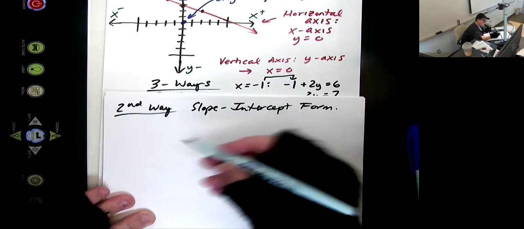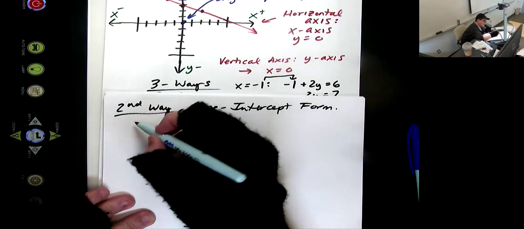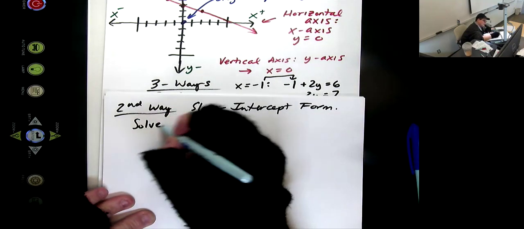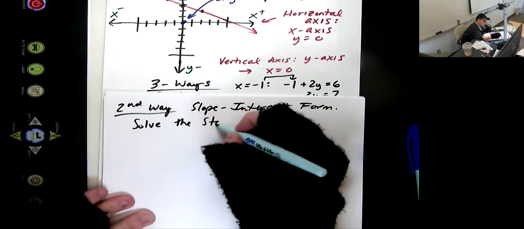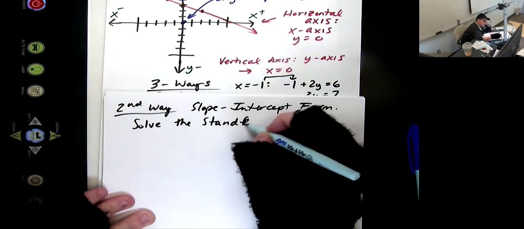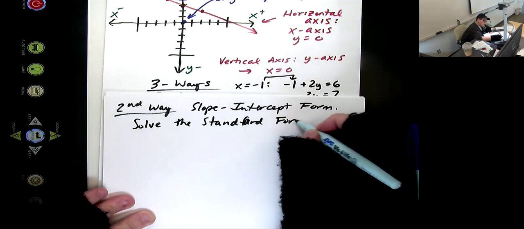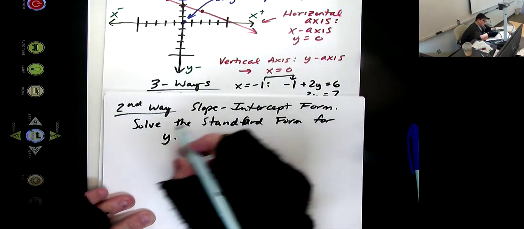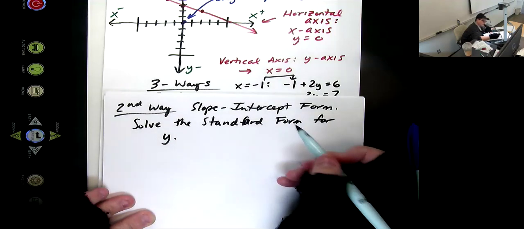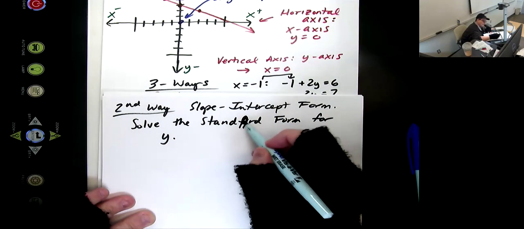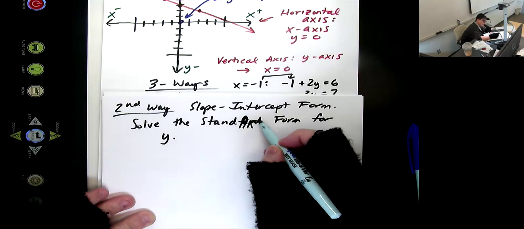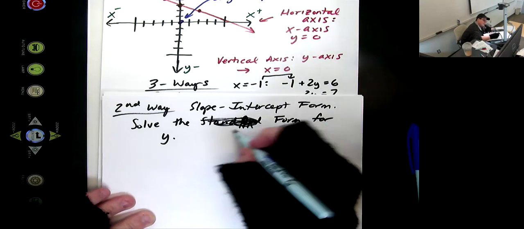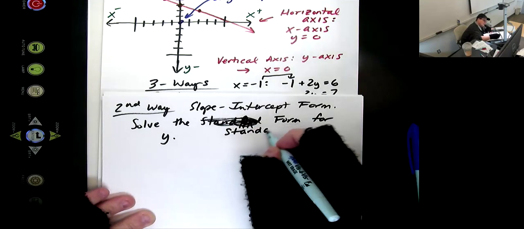Which means we want to take or solve the standard form for y.